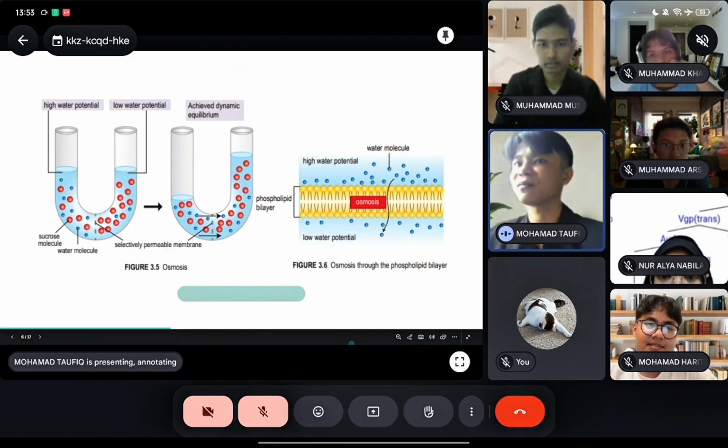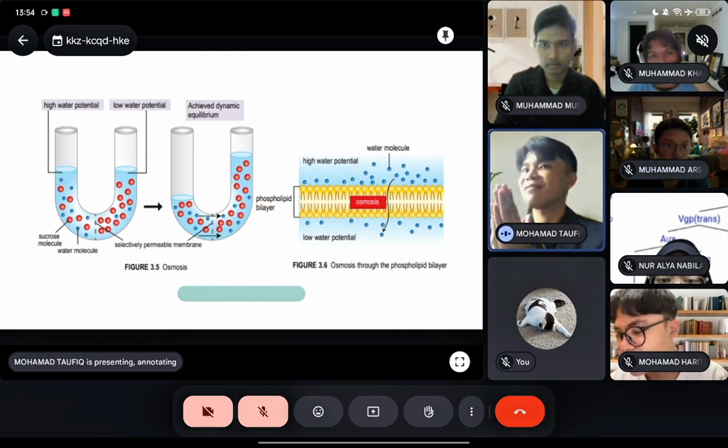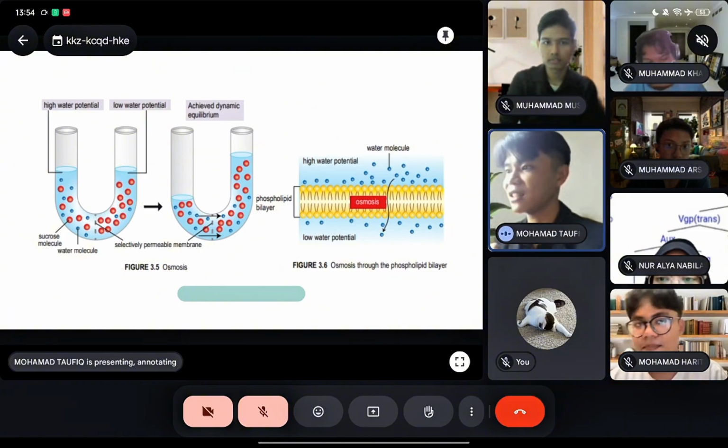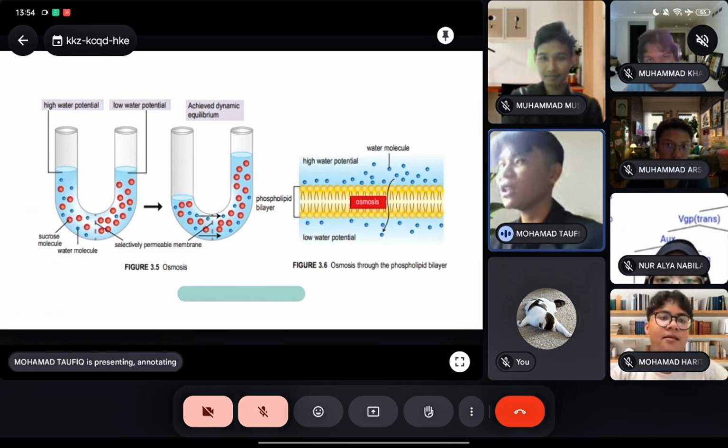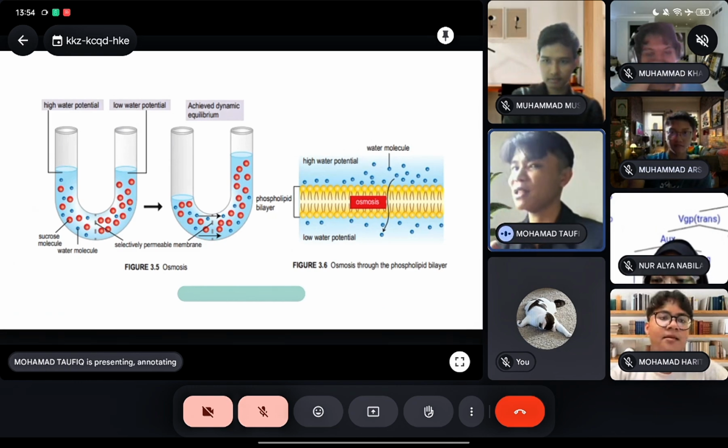Okay, now the last difference between passive and active transport. Khairul, what do you think is the last difference between active and passive transport?